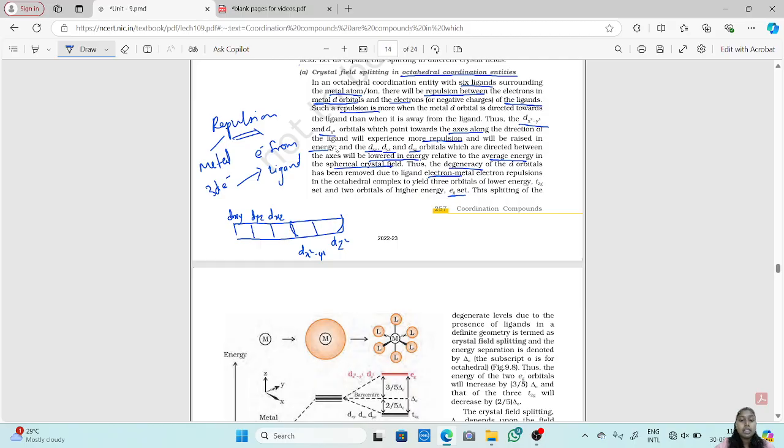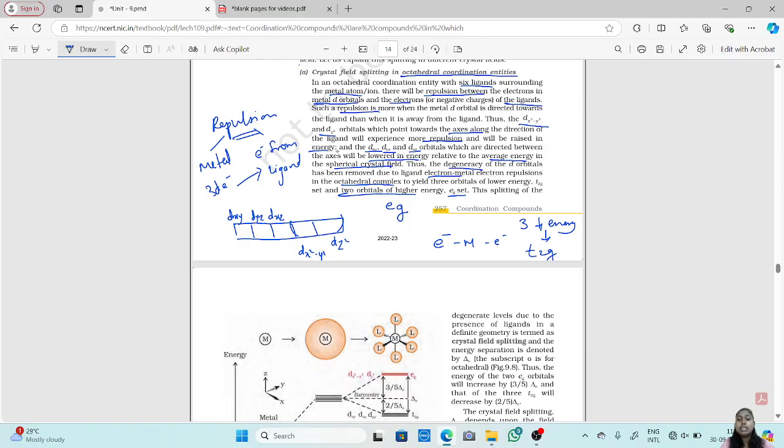So there is a repulsion between ligand electrons and metal electrons in the octahedral complex, and it yields 3 lower energy orbitals which are named T2g, and 2 higher energy orbitals which are named eg.